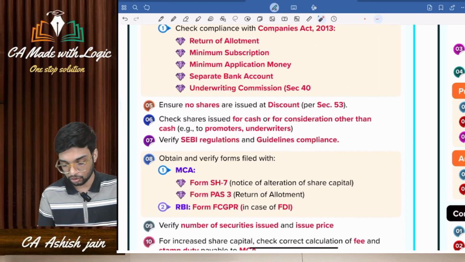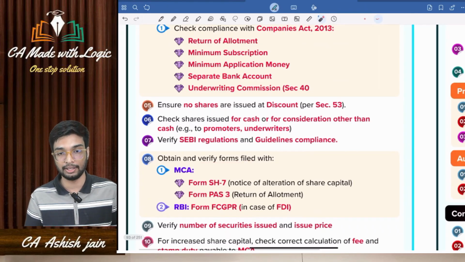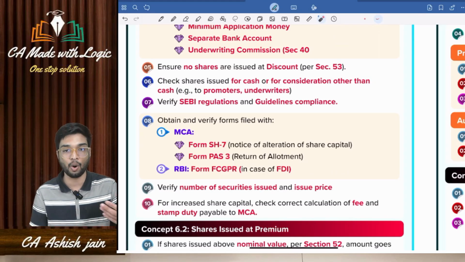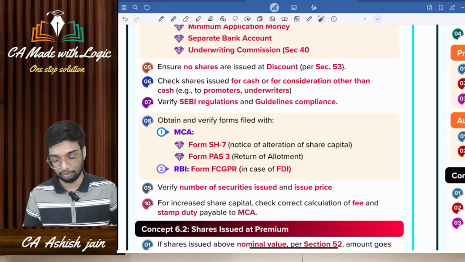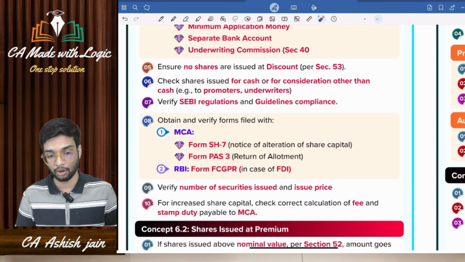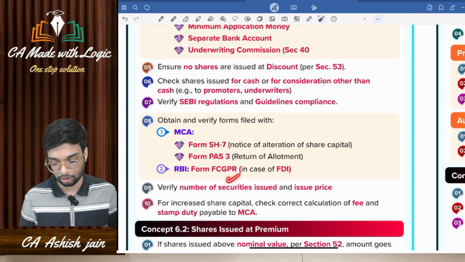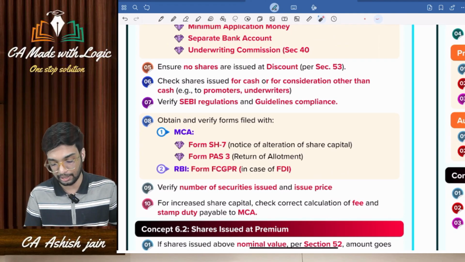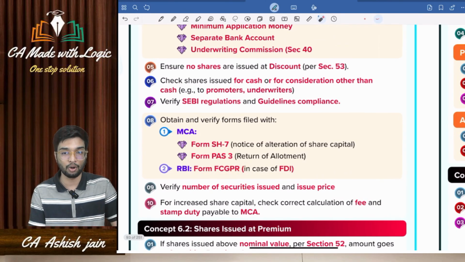Then obtain and verify related forms. The MCA form number SH7, the auditor will obtain from the management and verify. Form PAS 3, related to the return of allotment, he will also verify. Then an RBI related form is also there in case of FDI, that is foreign direct investment. If the company has made it, then definitely they will verify all these forms.